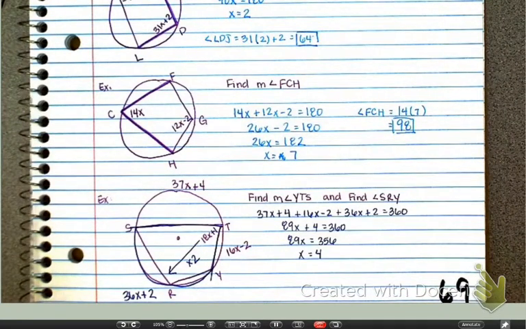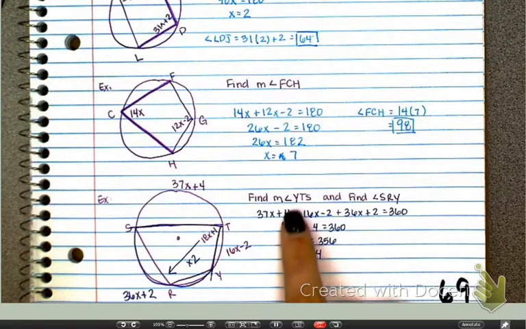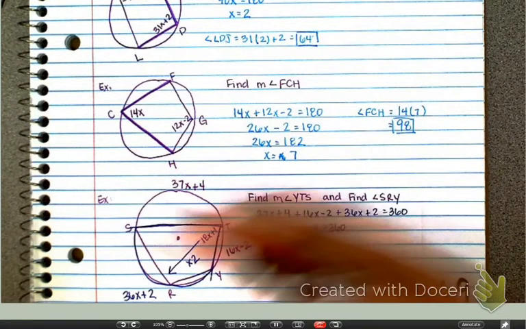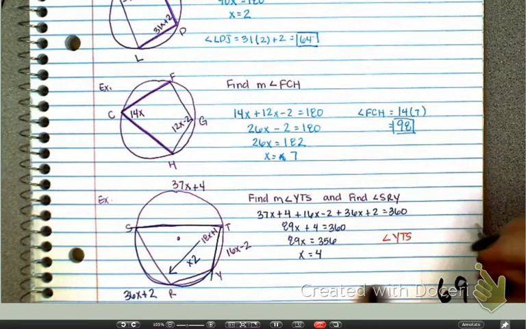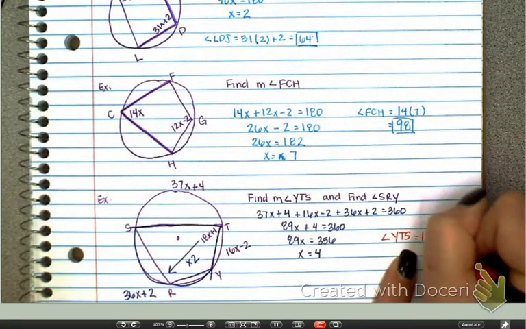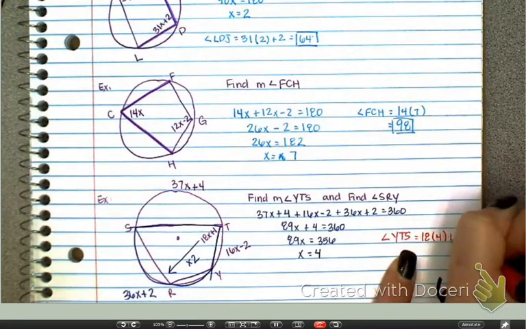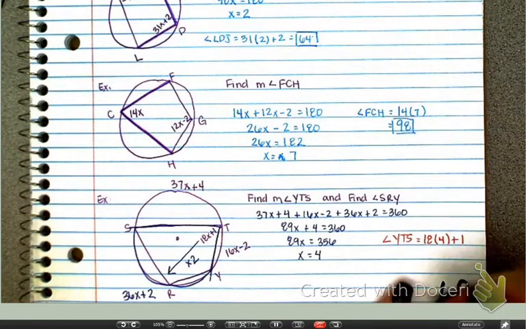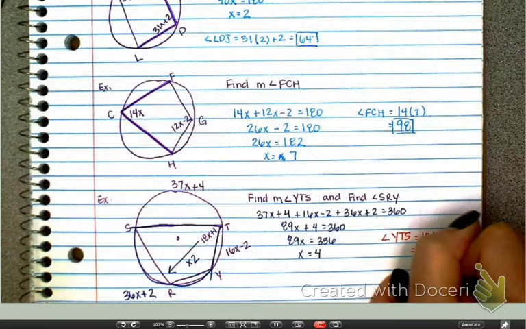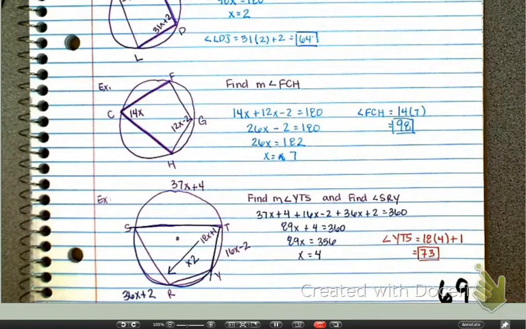Okay, so that gives us x. Now, angle YTS is going to be basic to solve. We're just going to plug that back in. So YTS is that 18 times x plus 1. So 18 times 4 plus 1 gives me 73.